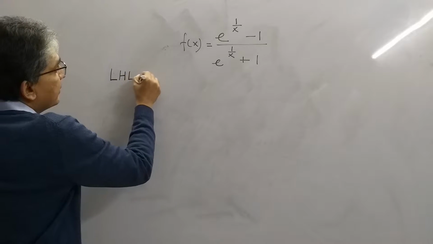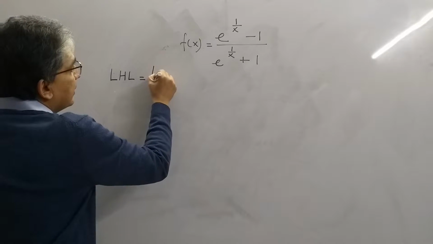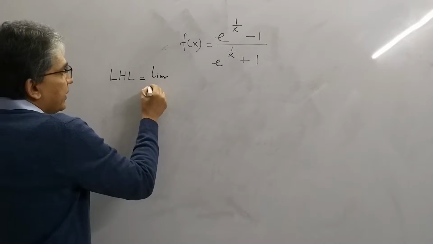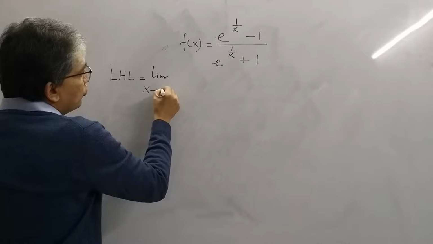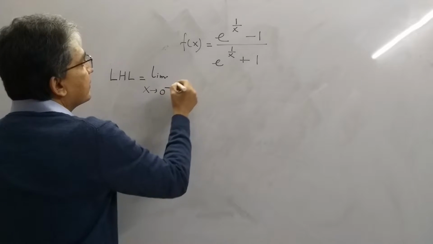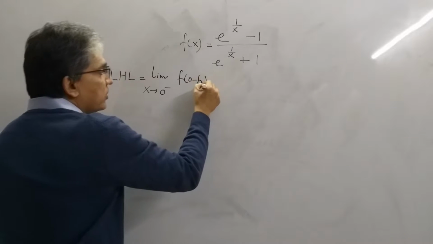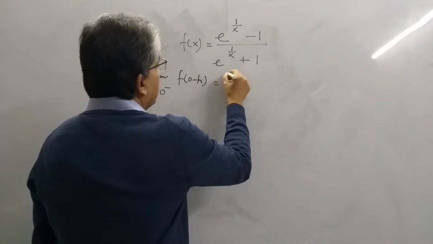The left hand limit is, I'm checking the limit at 0 again, limit x tends to 0 minus f(x). We have done it two times before.